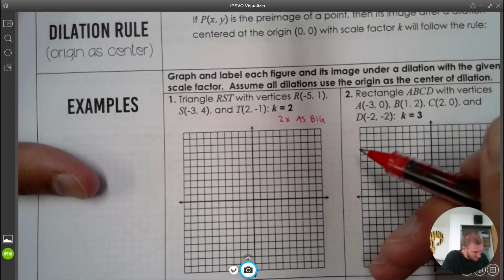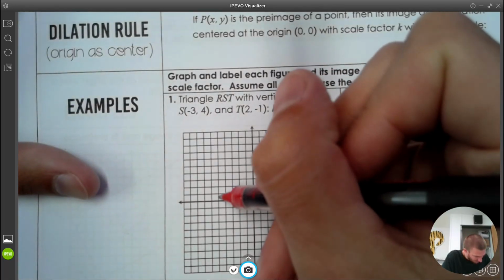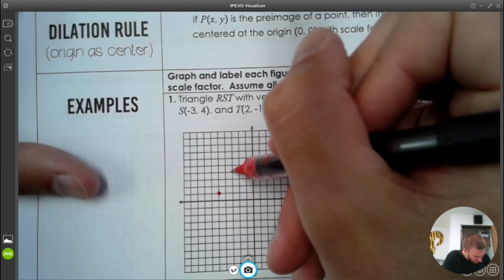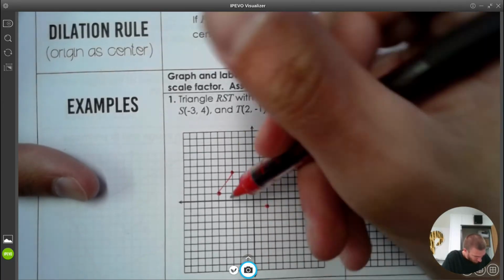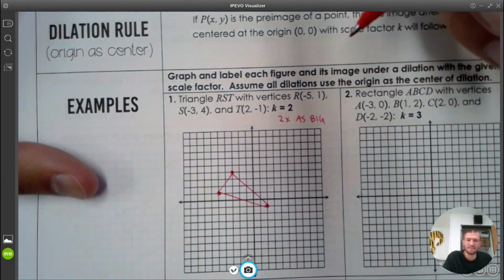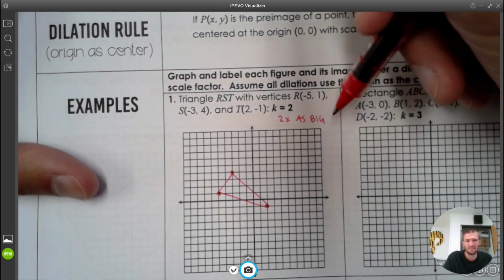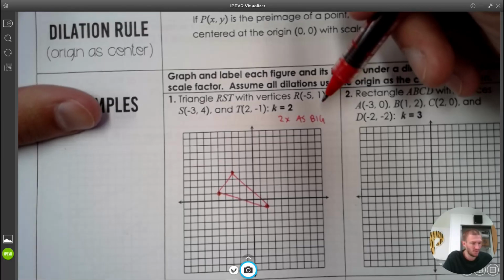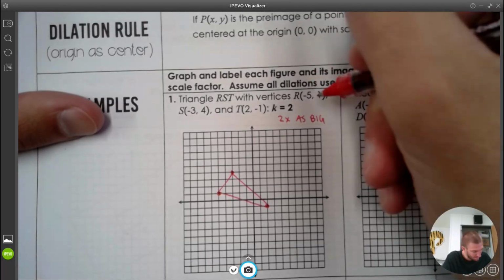So if we plot these points of -5, 1, -3, 4, 2, -1. Now this is a medium-sized triangle, and we want to make this triangle twice as big. Now the good news is this is very easy. All we have to do is make all the numbers twice as big.